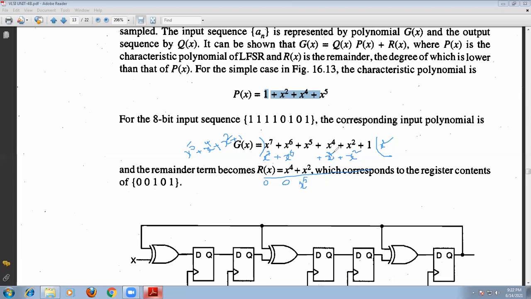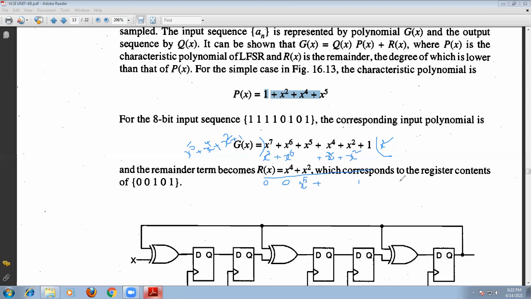And these two will be 0, 0 plus 1, 1, right? Again, do the same method.